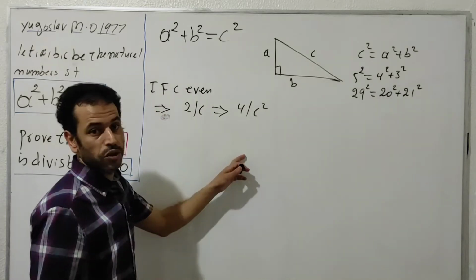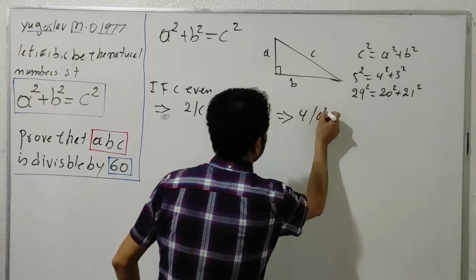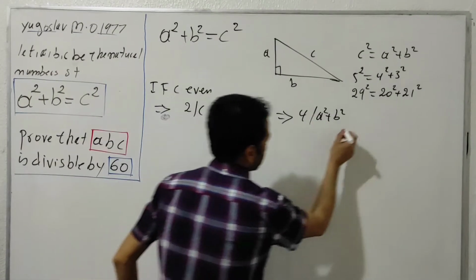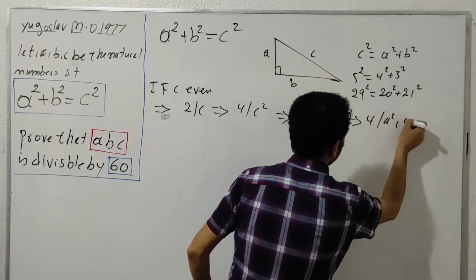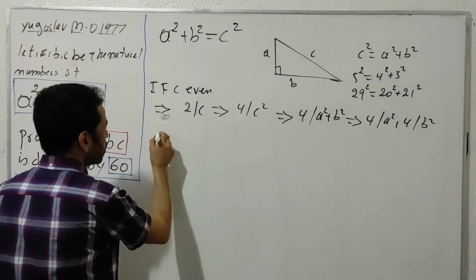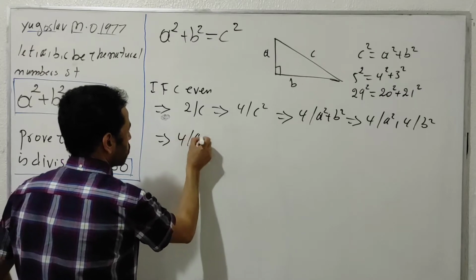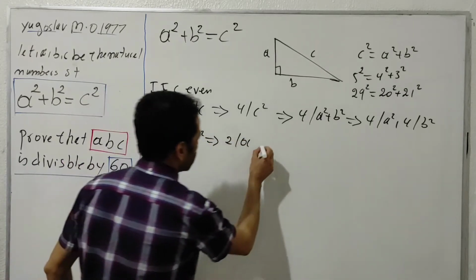If 4 divides C squared, then 4 divides A squared plus B squared, because we have equality. So this is telling us 4 divides A squared and 4 divides B squared, because we have the sum here. So 4 divides A squared, that means 2 divides A, that means A is even.